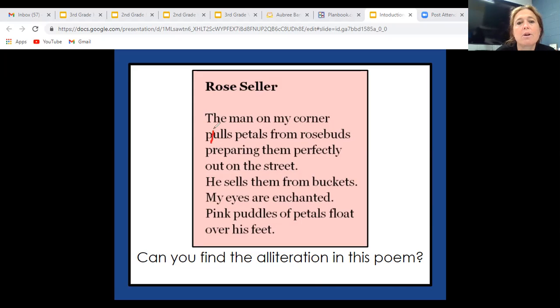Okay, and I know the pink puddles of petals float over his feet gives me a very calming feeling, kind of like a rainy day.